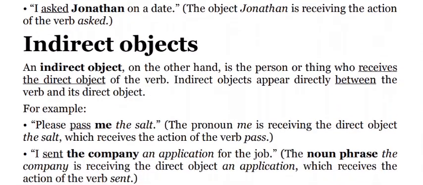Indirect objects. An indirect object, on the other hand, is a person or thing that receives the direct object of the verb. Indirect objects appear directly between the verb and its direct object. For example, please pass me the salt. Now, the pronoun me is receiving the direct object, the salt, which receives the action of the verb pass.